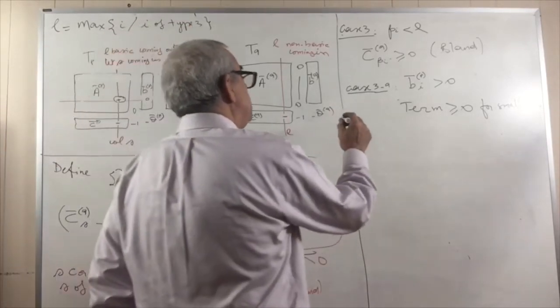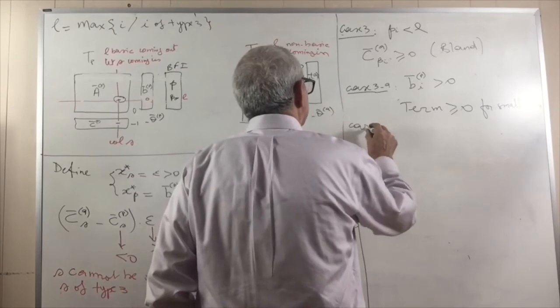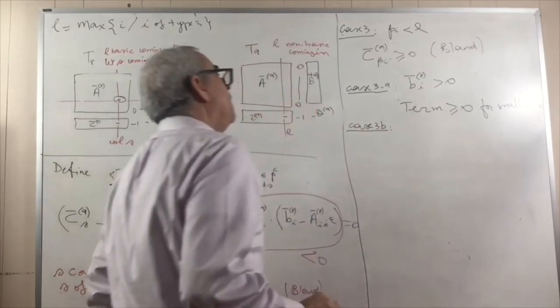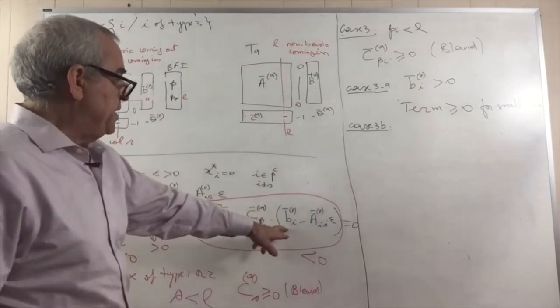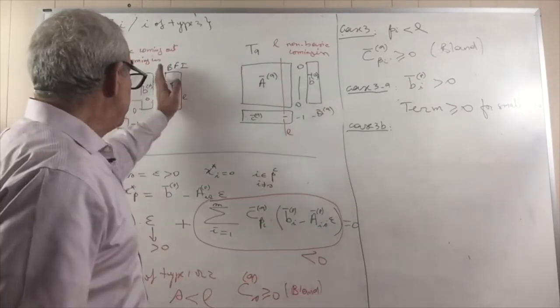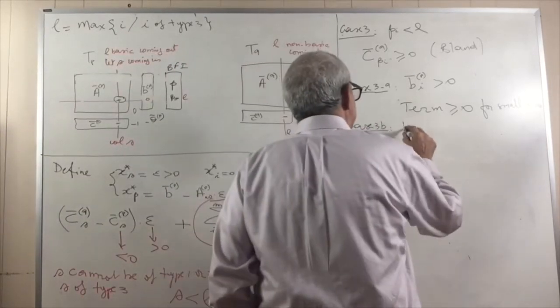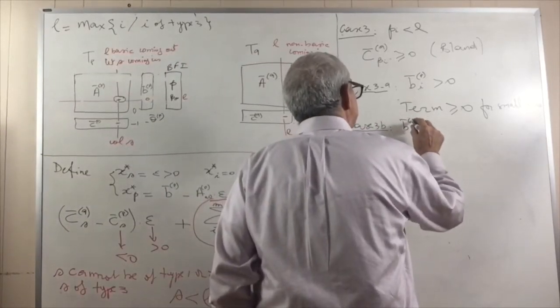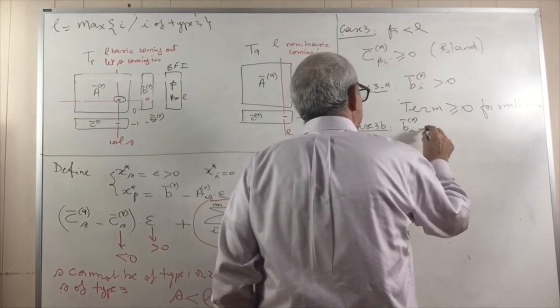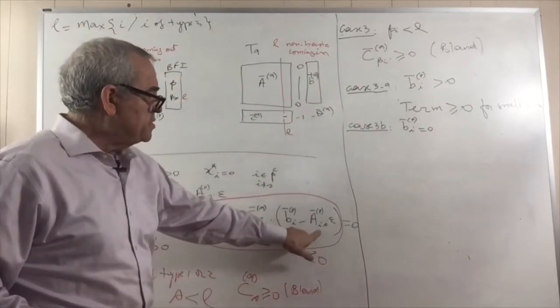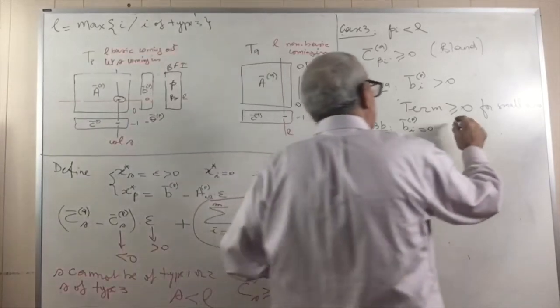Now, case 3B, so the b bar is either greater or equal to 0 or 0. Remember, the right-hand side is always greater or equal to 0. So in this case, I'm going to assume that b bar of p I equal to 0. And then I'm going to look at this term, two cases.